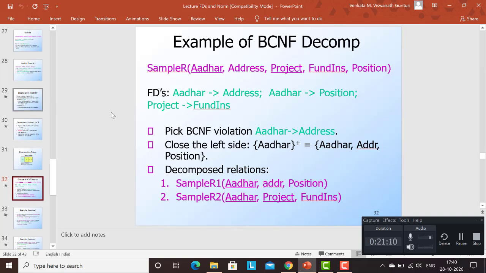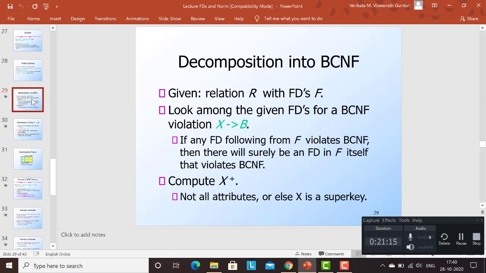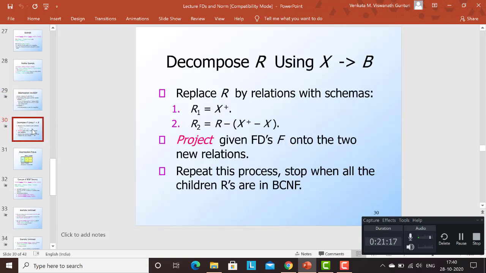When you project the set of FDs onto your children relations, let me go to that step. Yes, project the given FDs onto the new relations. After you project, your textbook algorithms call for computing the minimal basis, and I said that if you compute the minimal basis after projecting, you will terminate faster.